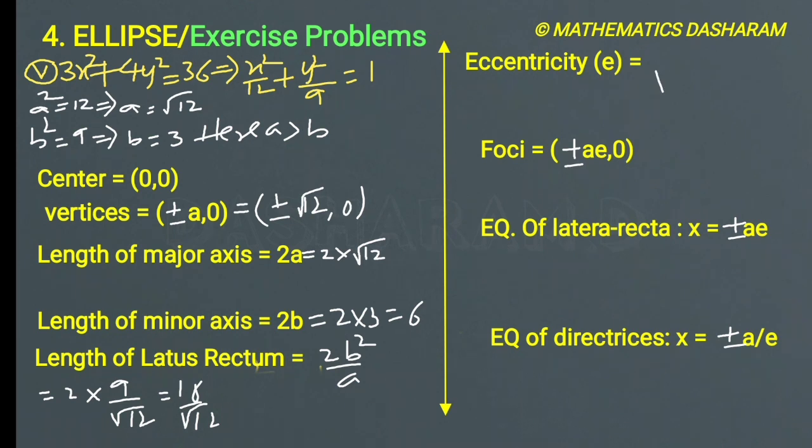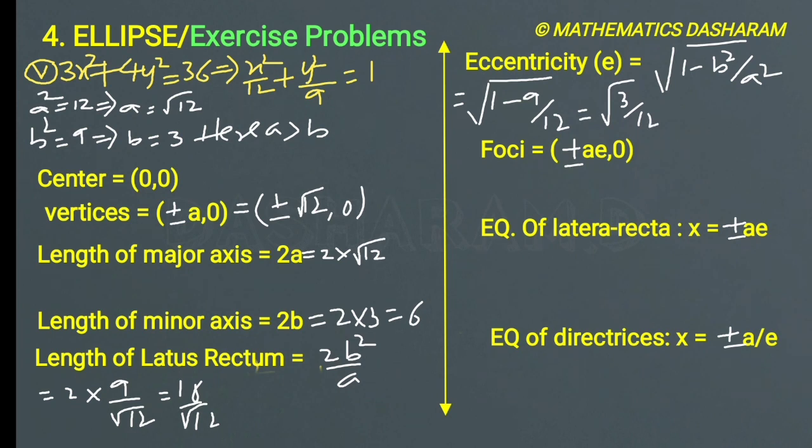Next eccentricity, that is under root 1 minus b square divided by a square. So it equals under root 1 minus b square value 9 and a square value 12. 12 minus 9 is 3, so 3 divided by 12. Next the foci, that is plus or minus ae comma 0.